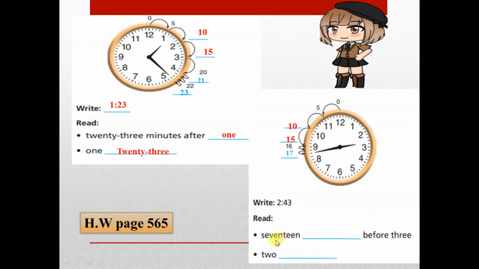So it is 17 minutes before what? Before 3, not before 2. You have 17 minutes to get to 3. And now read it. In numbers, it will be 2:43.